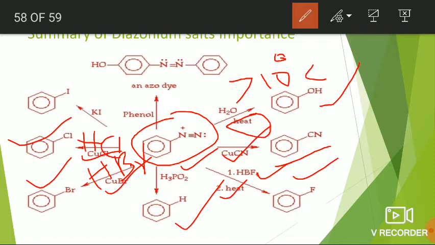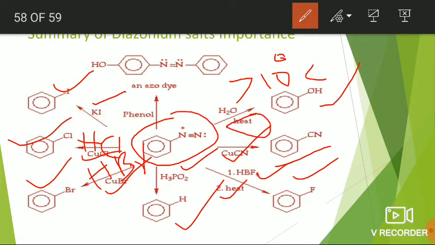If you treat diazonium salt with potassium iodide directly, we get iodobenzene. If you treat the diazonium salts with some other aromatic compounds, it may be phenols or amines, we get coupling products.